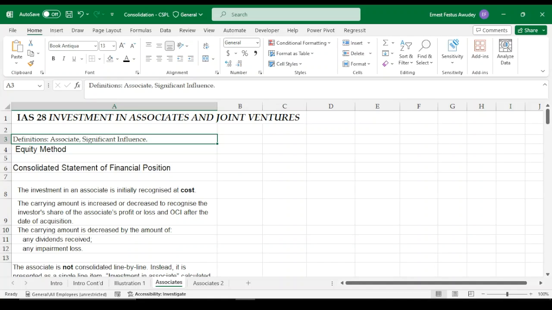Now we are looking at another entity here called an associate, which is also part of the group. This associate is defined by IAS 28 as an entity over which the investor has significant influence. So an entity of the group over which the parent has significant influence, that is what we call an associate.